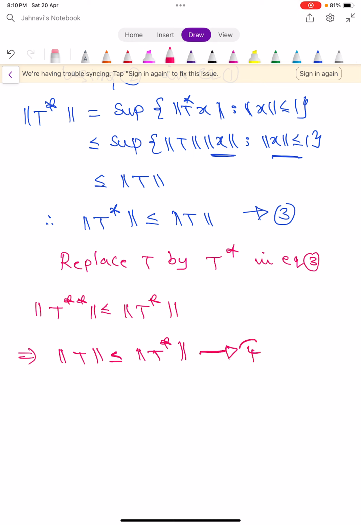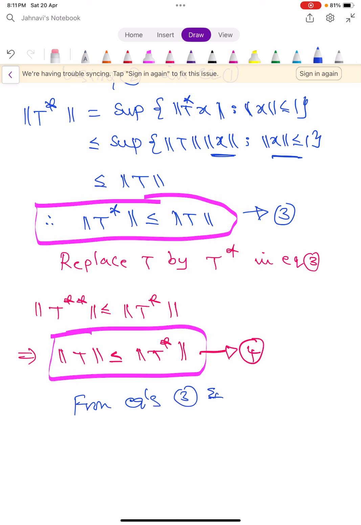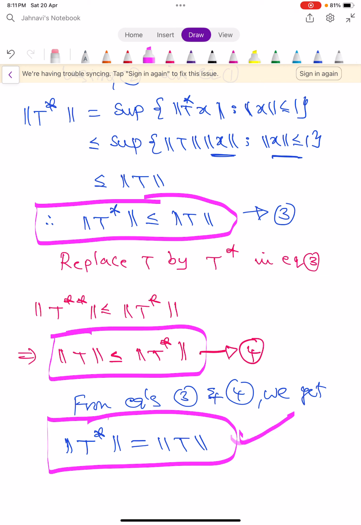Equation number 4. Now observe equation 3 and equation 4 carefully. They are converse to each other. From equations 3 and 4, we conclude that norm T star is equal to norm T, which is the required fifth property of our theorem.